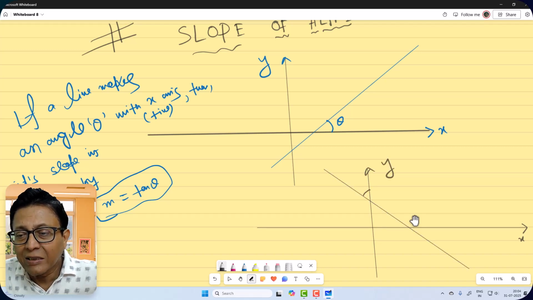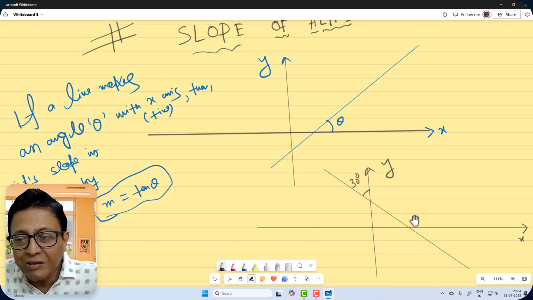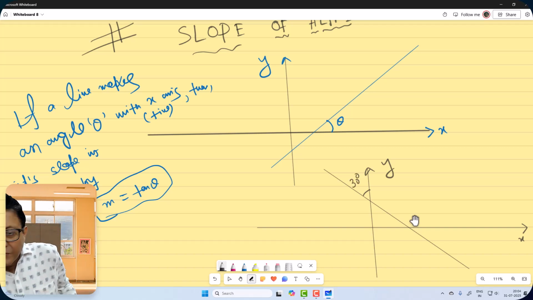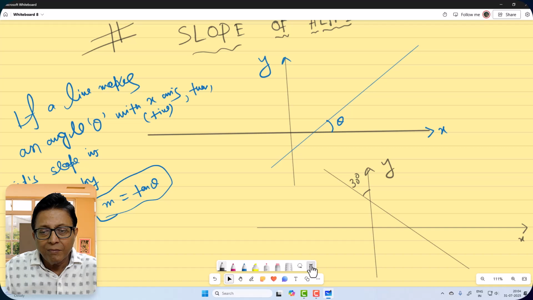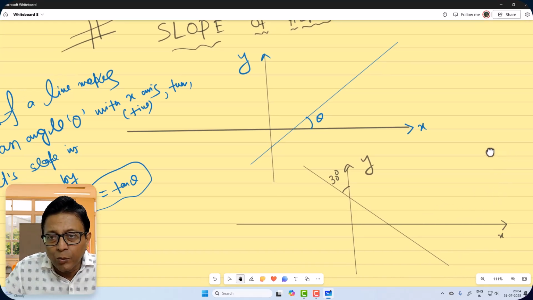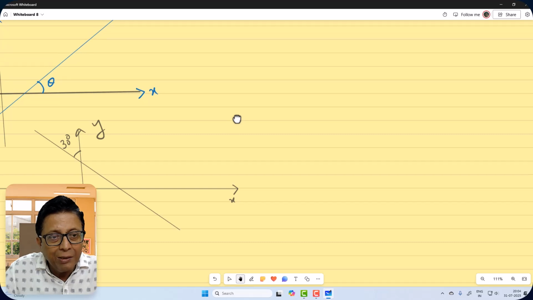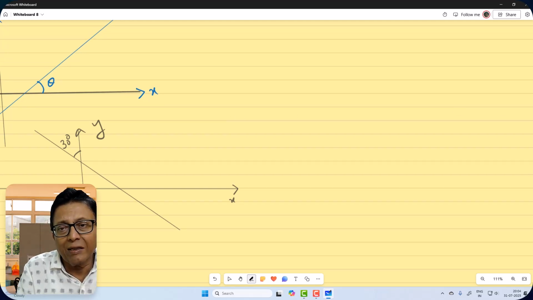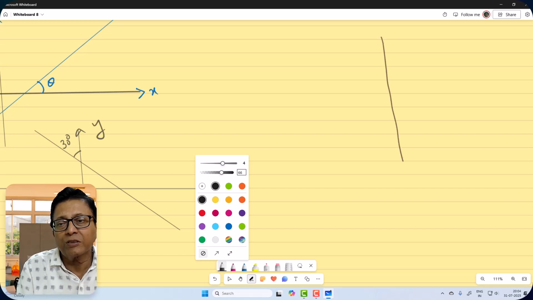It makes 30 degree with y-axis. Can you state the slope? You try to write. Before doing it, I'll draw a few more diagrams to find the slopes.